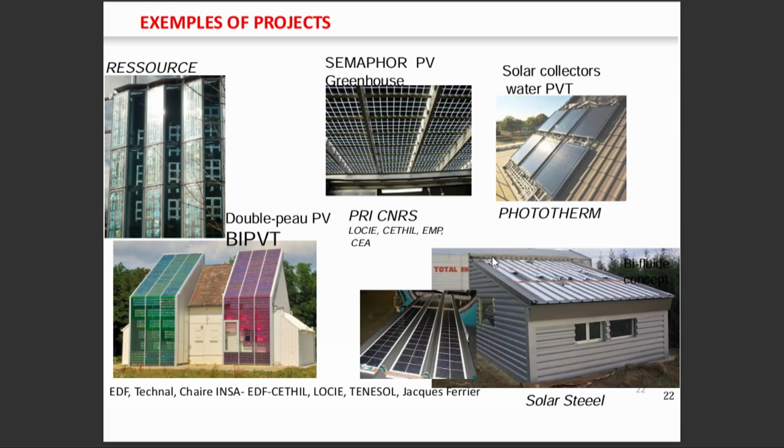The components that we have developed: I showed you the double skin facade on the greenhouse. We have developed also a facade for an existing office building. You can see that it is not completely flat because the orientation was not optimized. It was not a south facade, it was a southeast facade.